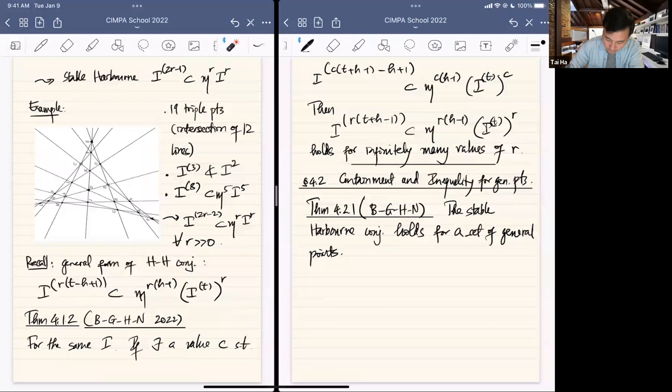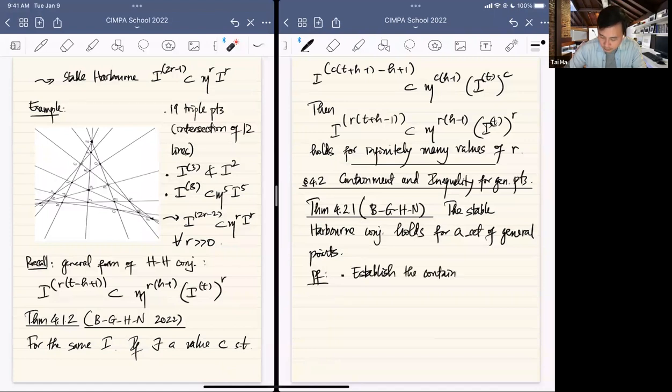And so let me give you a very brief sketch of the proof. So first, the stable Harbourne conjecture or the Harbourne containments is the following. We, again, as I said, move to the generic set of points, right? So we established the containment.